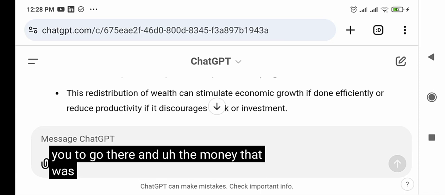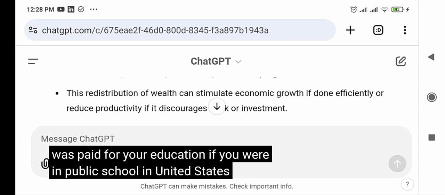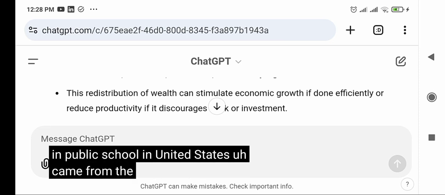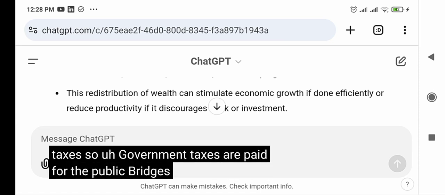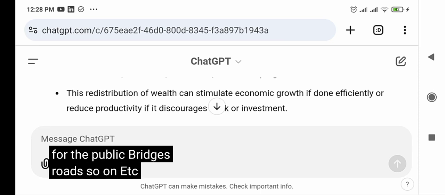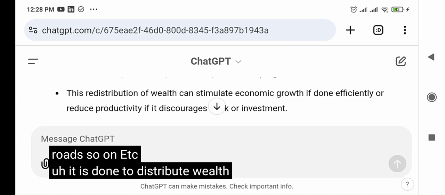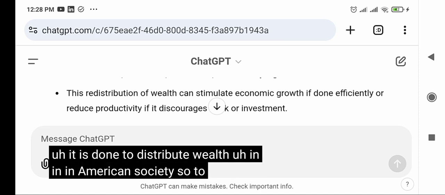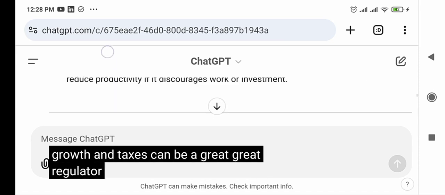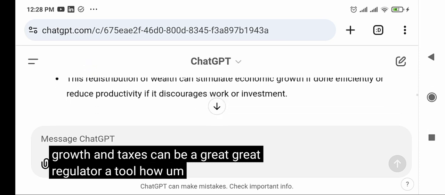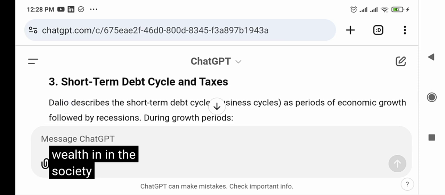The money that paid for your education, if you were in public school in the United States, came from taxes. Taxes also pay for public bridges and roads. This is done to distribute wealth in American society and to stimulate growth. Taxes can be a great regulator, a tool to distribute wealth in society.